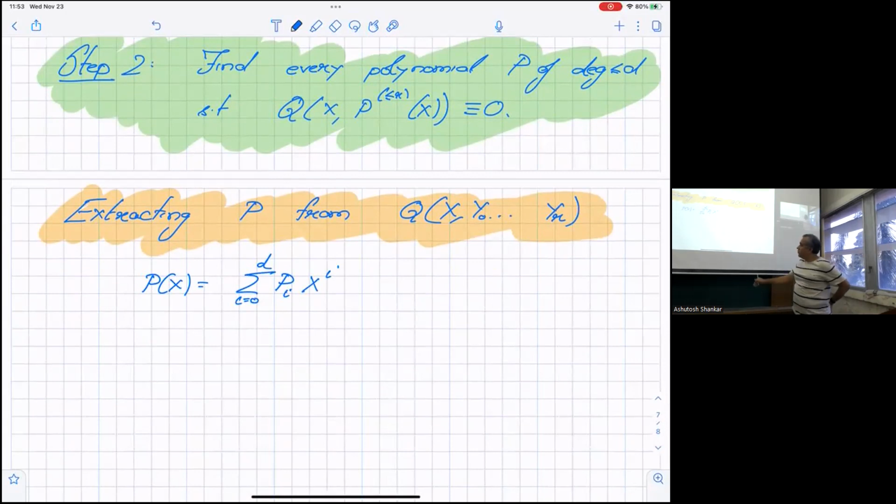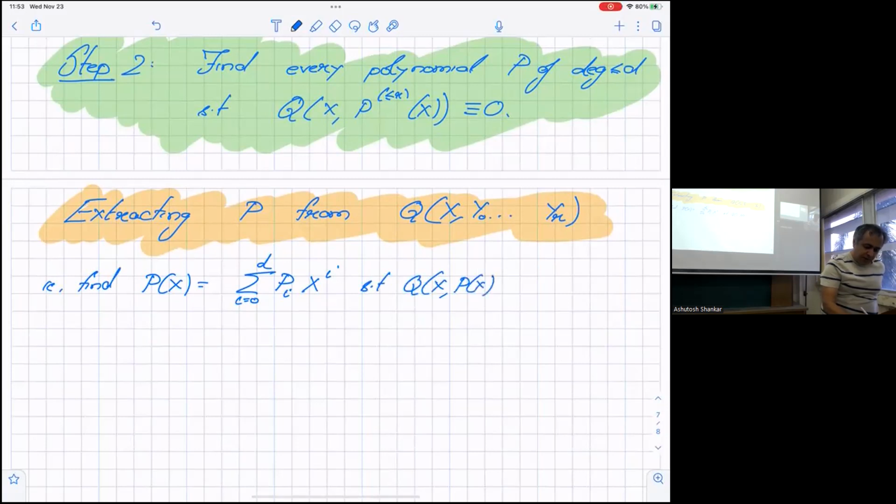But what do I know? I know that if I plug this polynomial P of x into that, that is, find P such that Q of x, P of x, P1 of x, P of R of x is an identity.